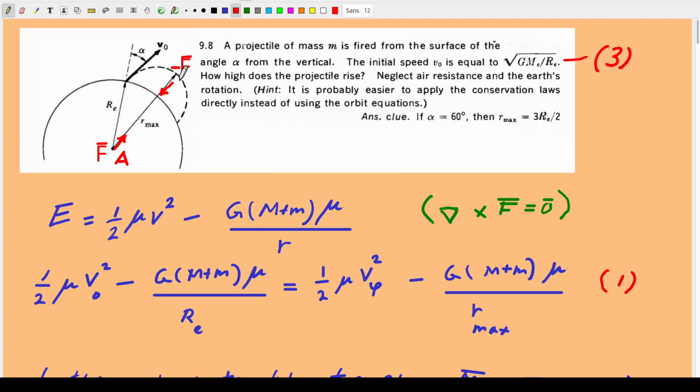There is only speed in the phi direction. That's why I call it v phi here. And again, minus G times M plus m times the reduced mass, divided by the maximum distance. So then we have an interesting equation that might be useful. And this one we should remember also, v0 equals this one.